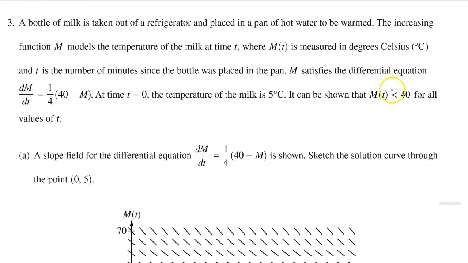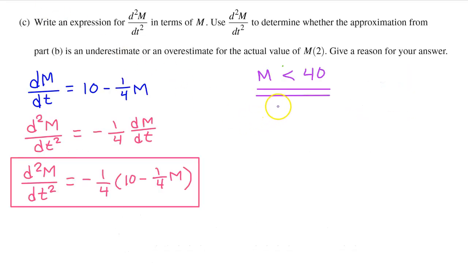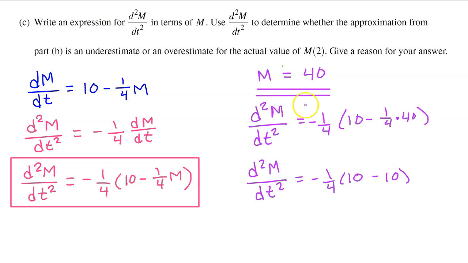Notice that in the setup of the problem, we were told that m of t is always less than 40. So the question is, if m is less than 40, does that make the second derivative positive or negative? Let's start by plugging in 40 itself, and let's see what happens. If m is exactly 40, we have 1/4 times 40, which is 10. So we end up with 10 minus 10 right here, which is going to be 0.